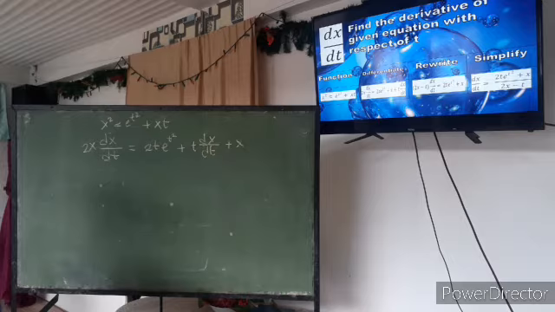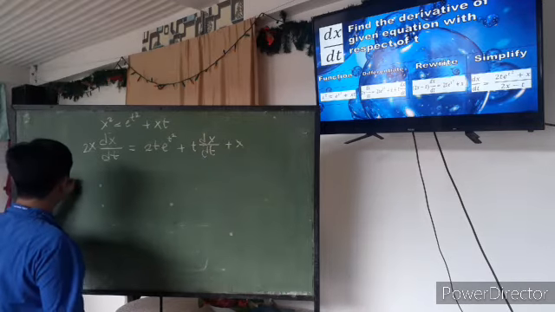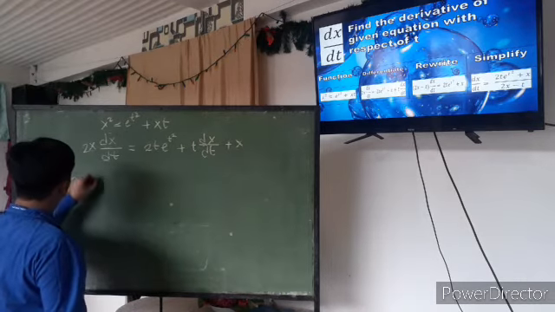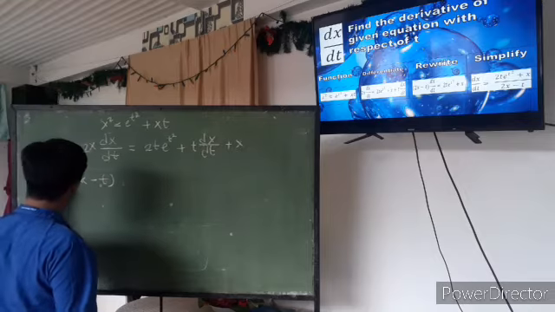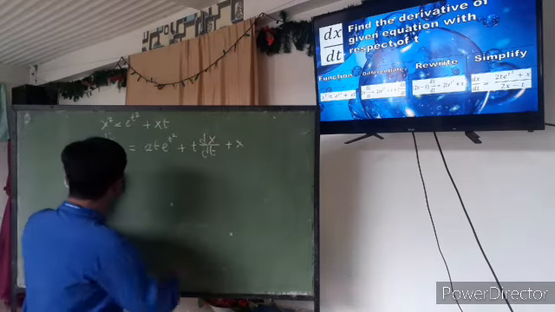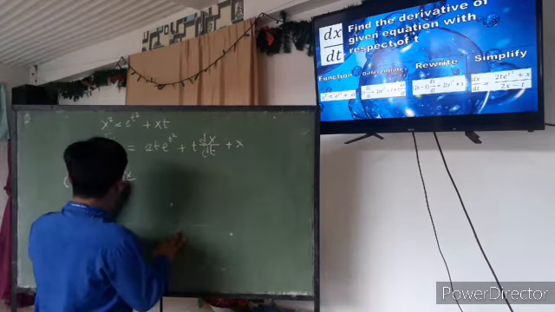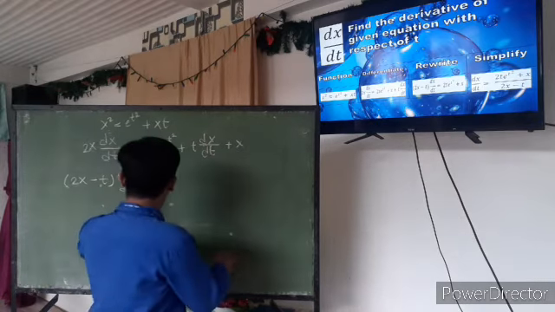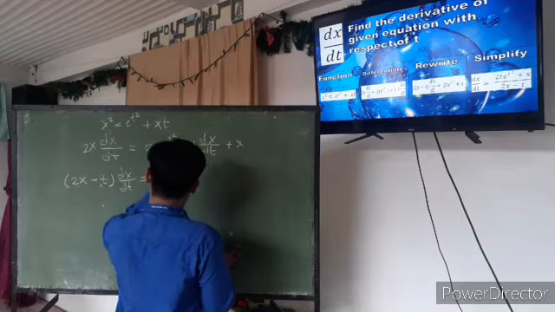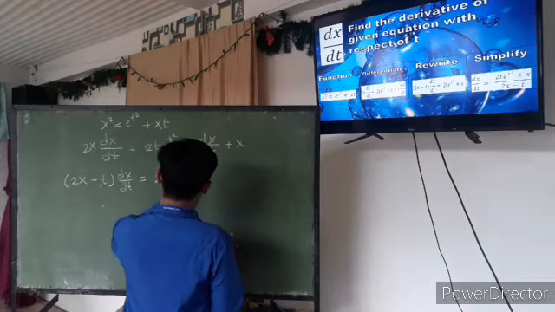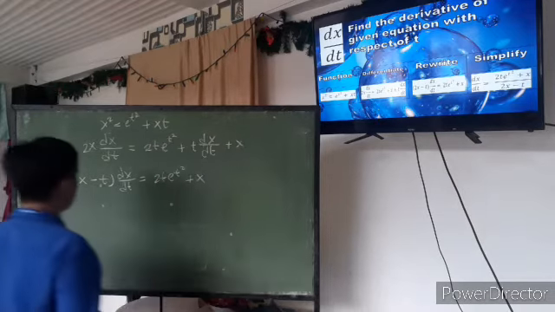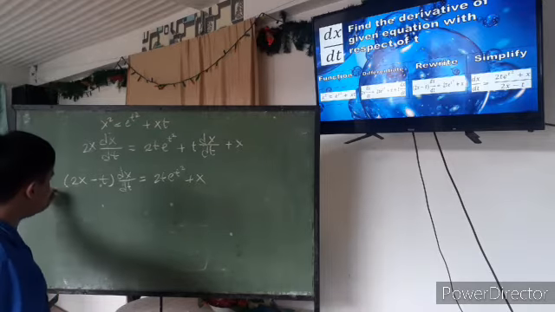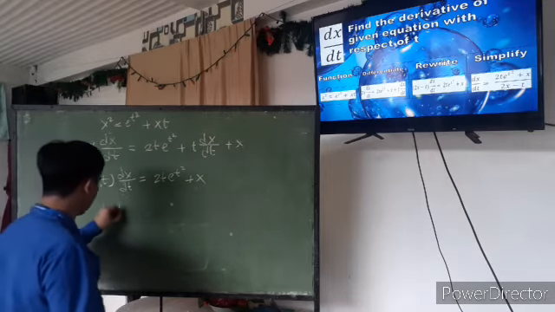Ngayon, pagsamahin ng magkapares na variable, then 2 of t raised to t squared plus x. Then, divide it by 2 of x minus t.